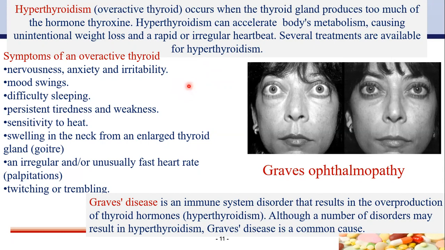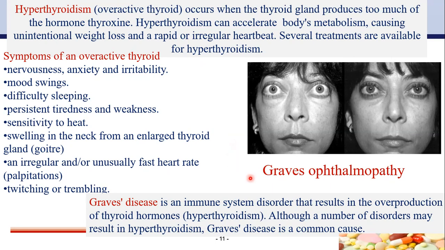Okay, and hyperthyroidism includes such symptoms: nervousness, anxiety and irritability, mood swings, difficulty sleeping, persistent tiredness and weakness, sensitivity to heat, swelling in the neck from an enlarged thyroid gland or goiter, and an irregular and unusually fast heart rate, palpitation, and twitching or trembling.